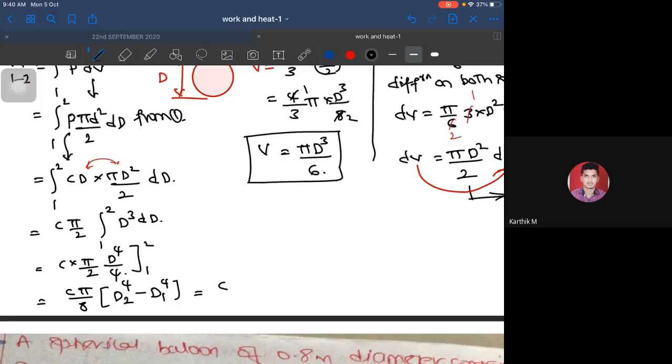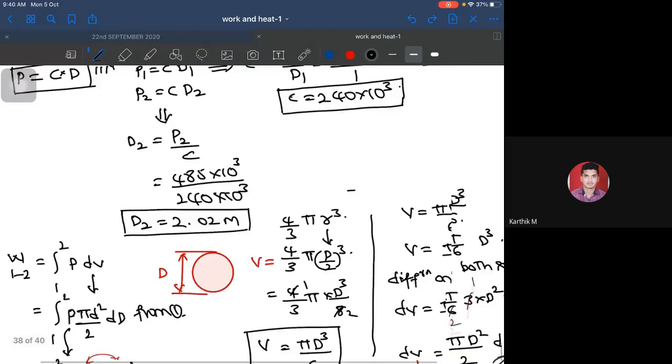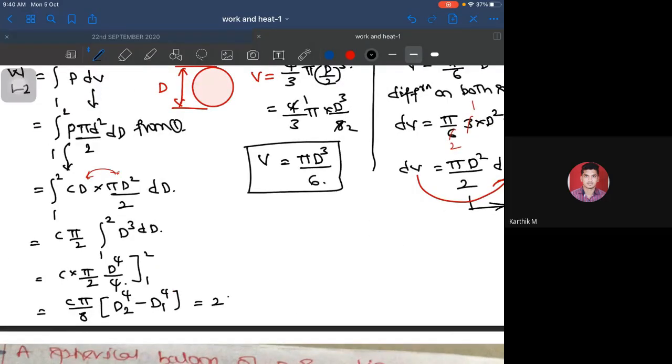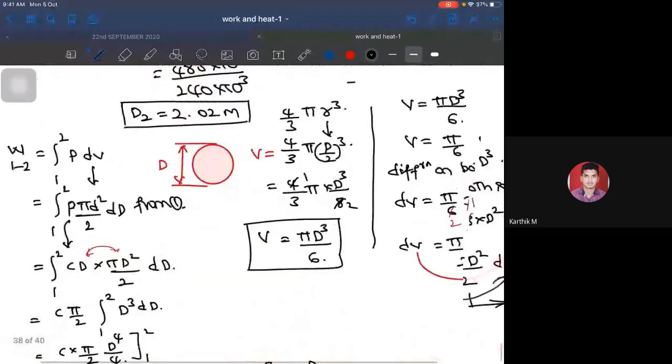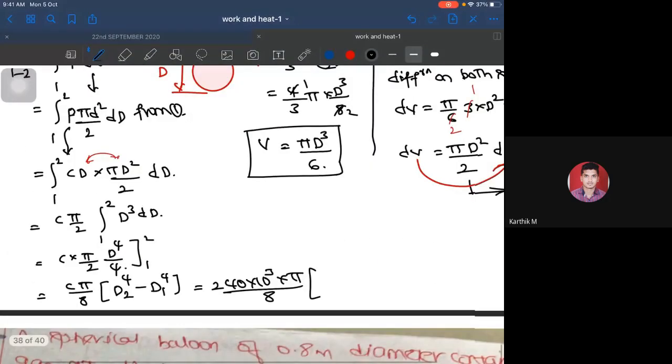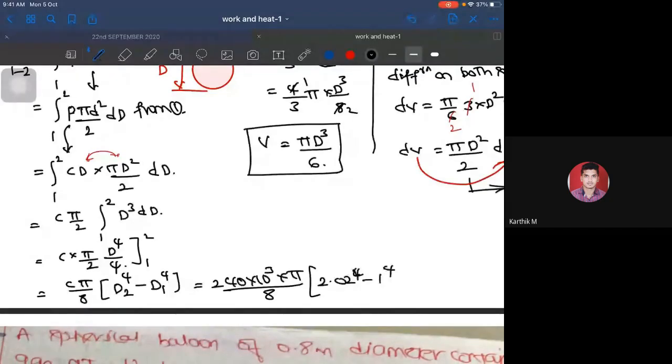So C value we already know, it is 240 into 10 to the power of 3 into pi by 8 into the value of d2, which is 2.02 something. So 2.02 to the power of 4 minus 1 to the power of 4.